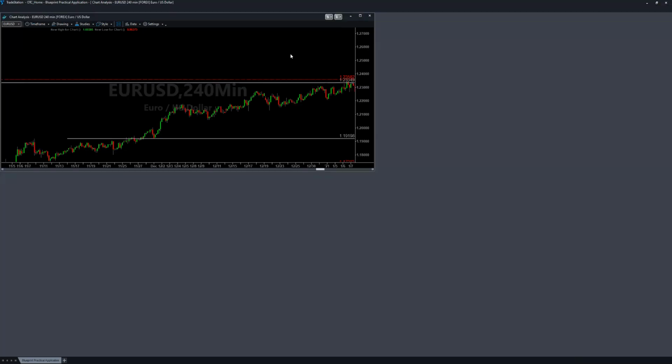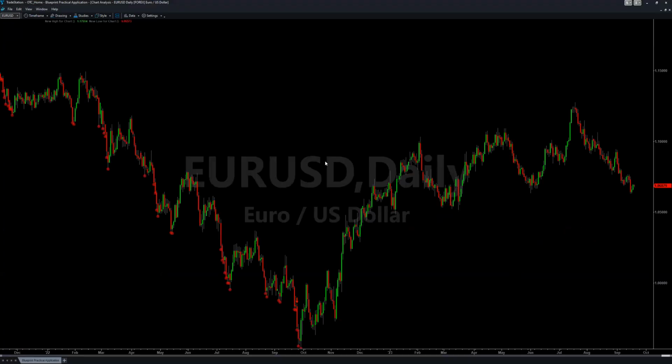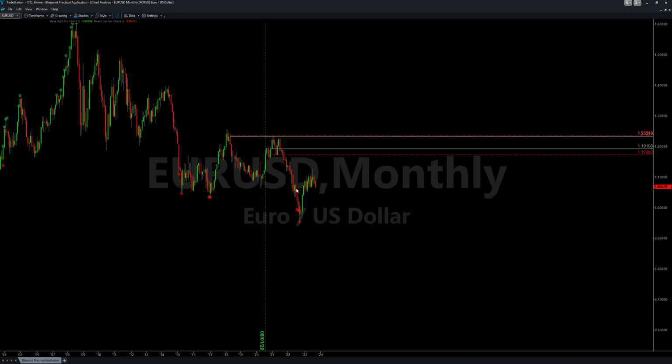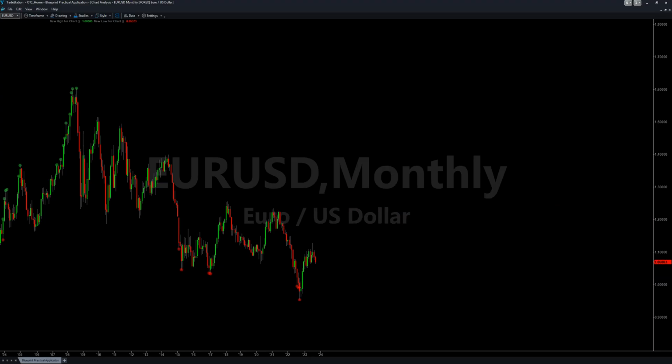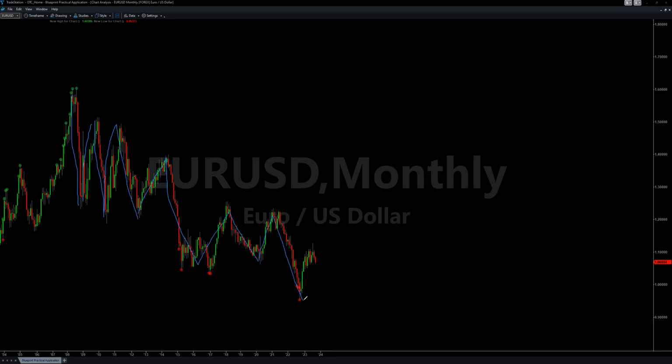What I mean with noise, I will go to the monthly picture and look how nice this looks. How nice this downtrend looks, right? Lower highs, lower lows, lower lows, lower lows. Very, very easy, right? We never broke any higher low, never.